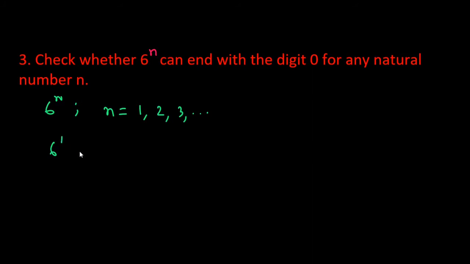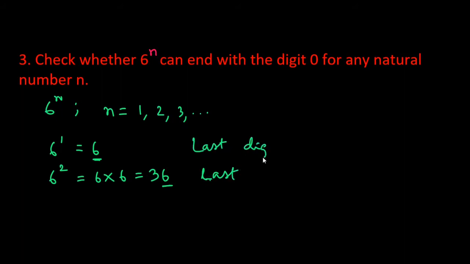6 power 1 is 6. The last digit is 6. 6 square, 6 power 2. So 6 into 6, we get 36. Here also last digit is 6.